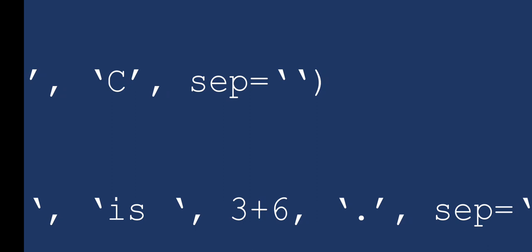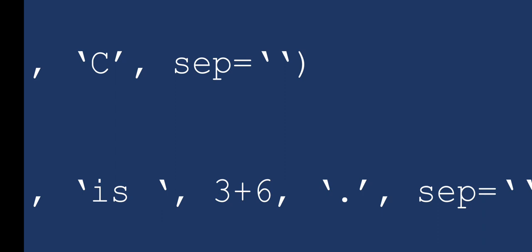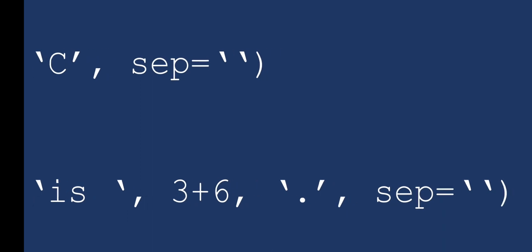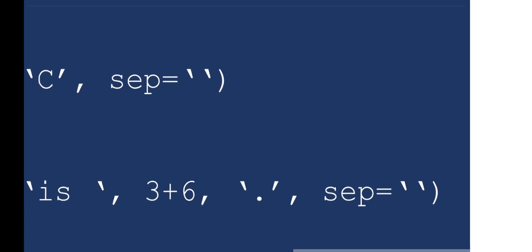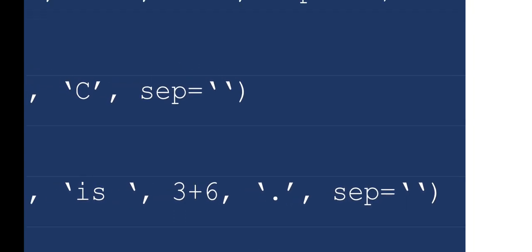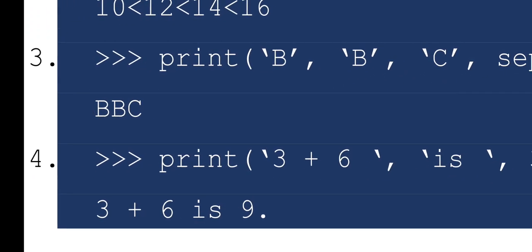And the third argument is the expression 3 plus 6. And the fifth argument is a string representation of a dot. Then the optional keyword argument sep, provided to it is an empty string, instructing the print function not to put anything in between the arguments in the output. So look at what we have: 3 plus 6 is 9.